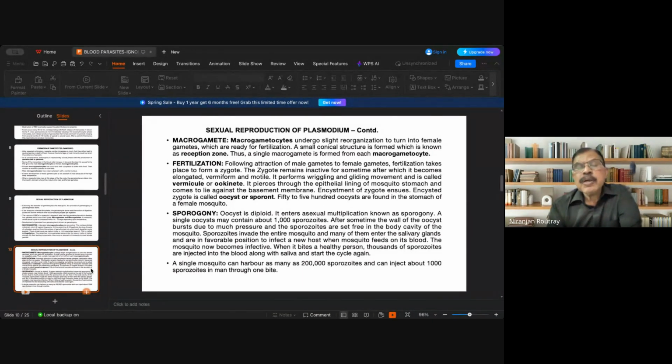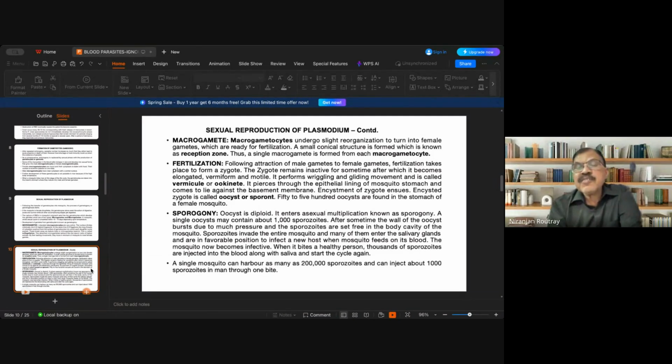Then sporogony. This diploid oocyst is encysted, covered by a hard covering. So this encysted zygote is called an oocyst, and it is present just beneath the basement membrane of the stomach wall. Again, it is in a diploid stage.